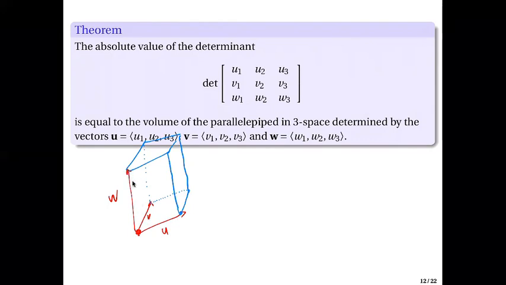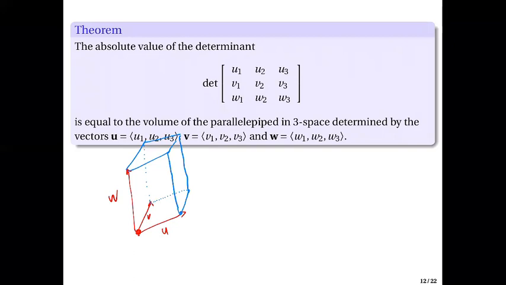To get the height, you'll do a similar computation as in the area of the parallelogram formula. So that's how you're going to derive this formula here.